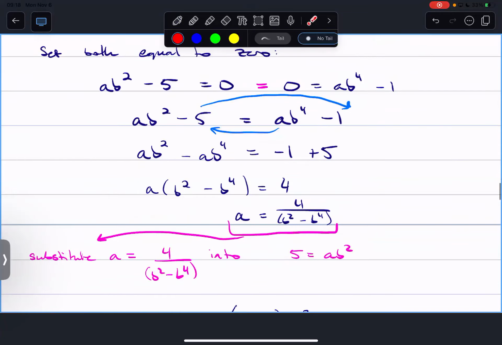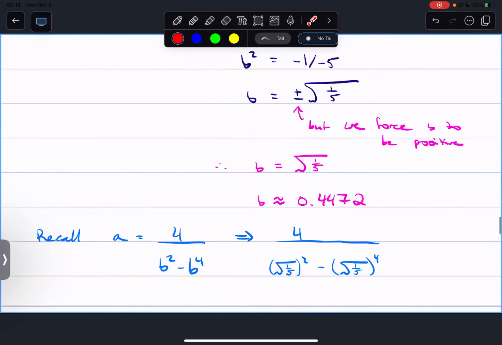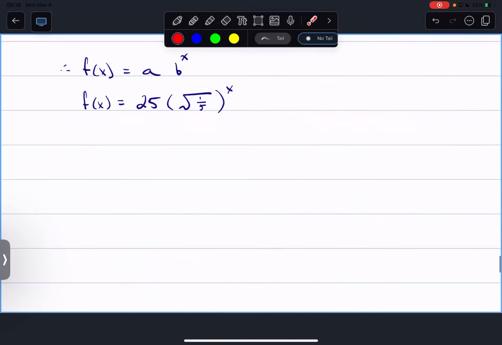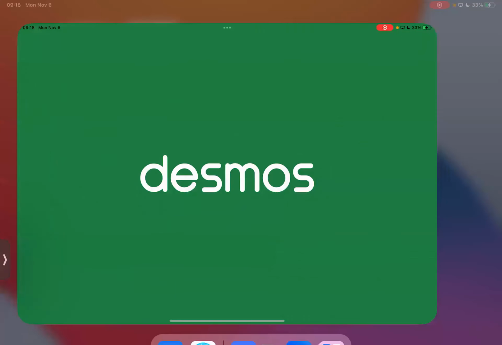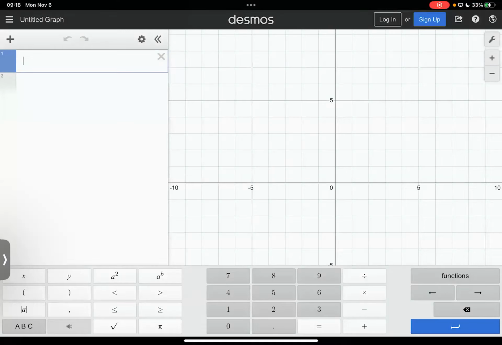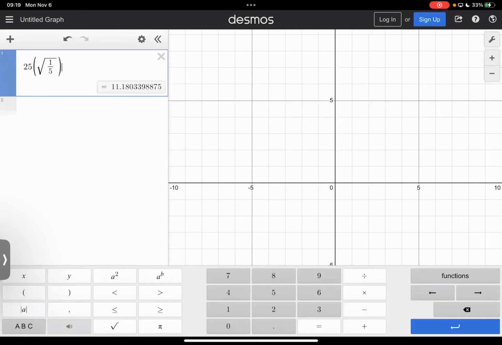And with my last 2 minutes, we're going to graph this in Desmos just to make sure. 25 times the root of 1 over 5, close the bracket, to the power of x. Oops. To the power. Okay, fine.